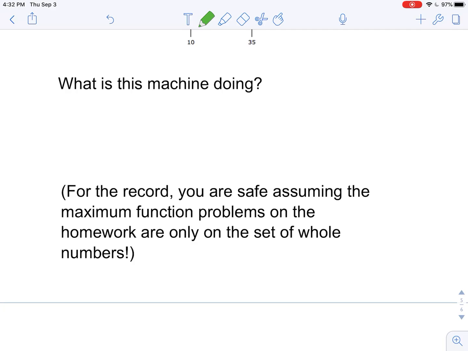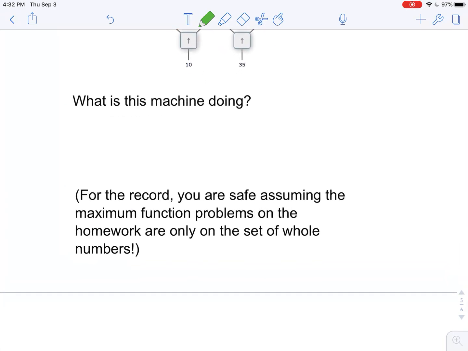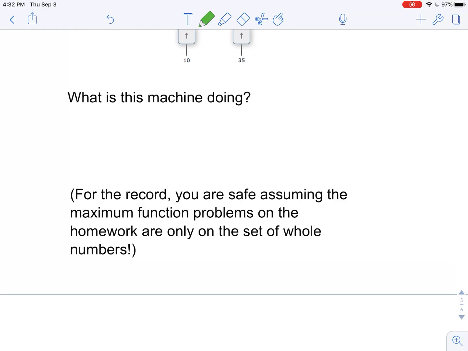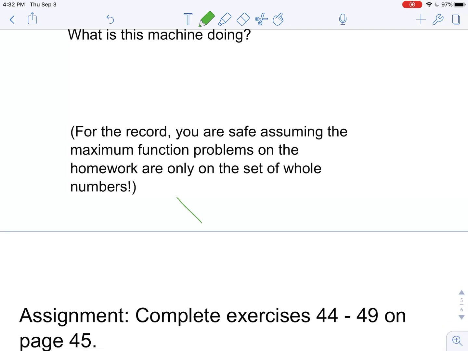Now, for the record, you're safe to assume that maximum function problems on the homework are only on the set of whole numbers. I say that because you have a couple of problems where you have some kind of maximum number machine. And you'll be asked to do some things such as, let's say it says 7 here and a 5 here. Obviously, the outcome is 7.